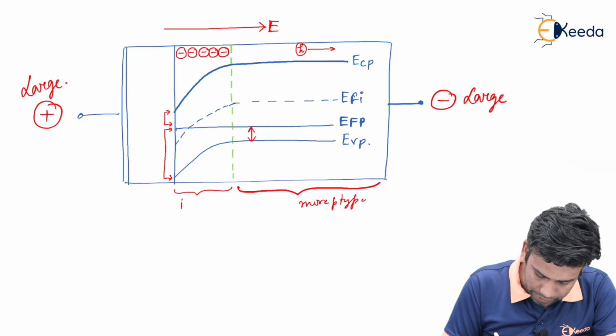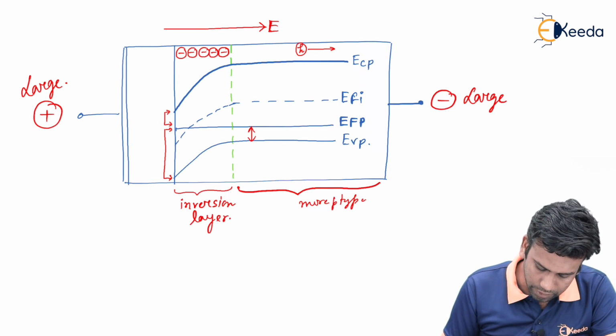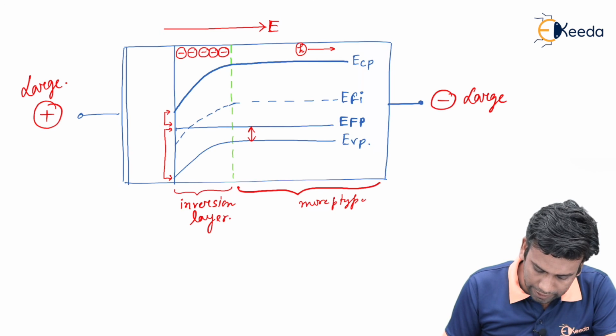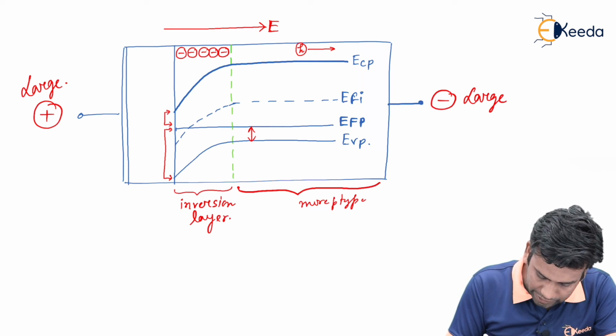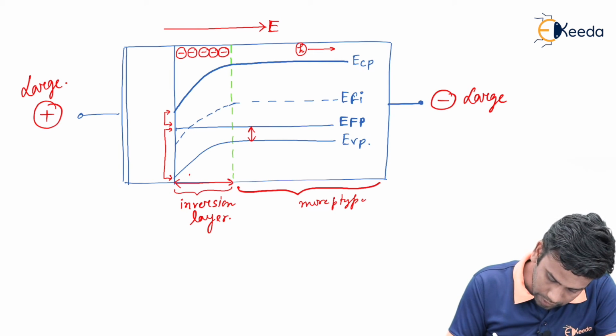That is why the inversion layer has been created within a distance. Let us denote it as x dt.